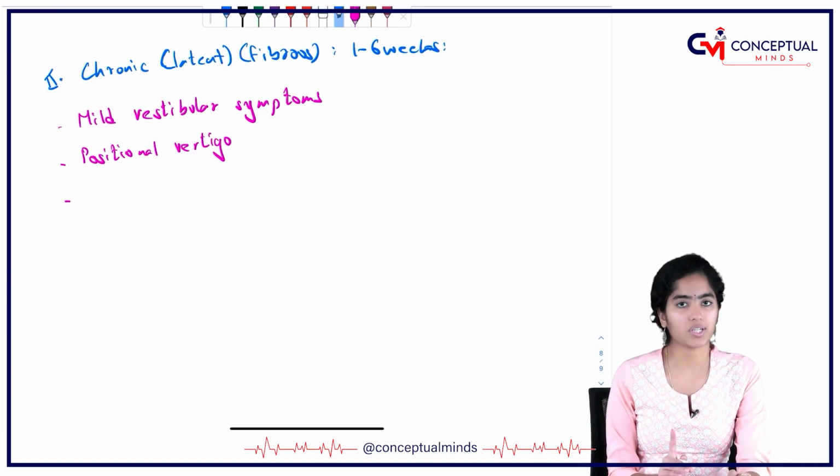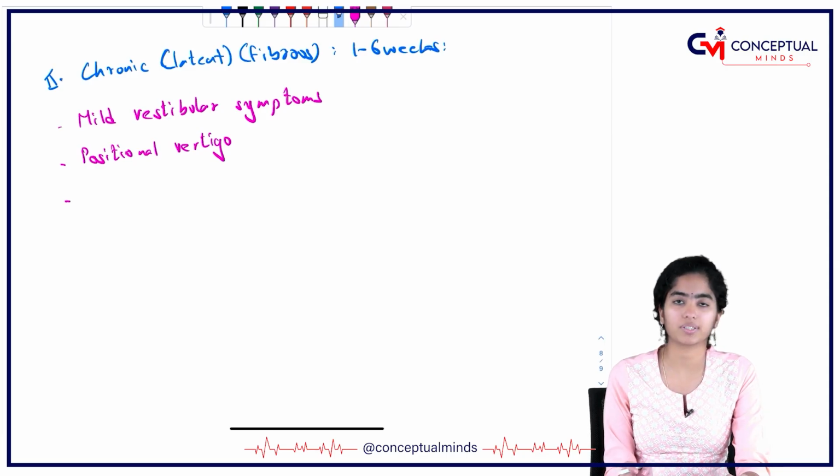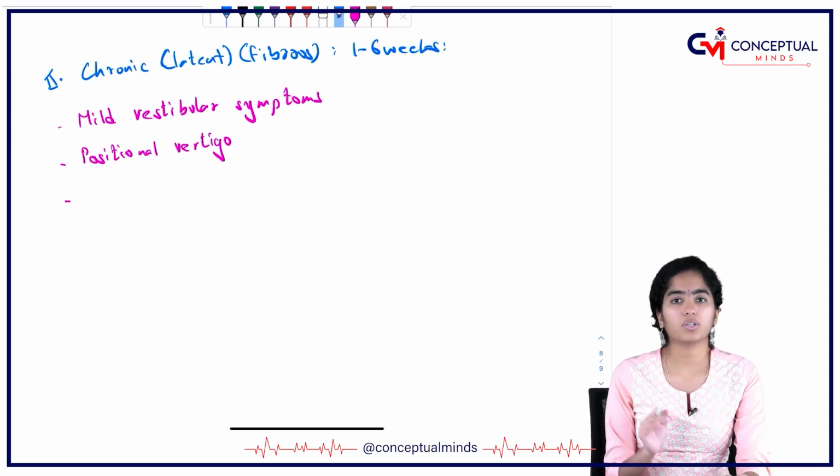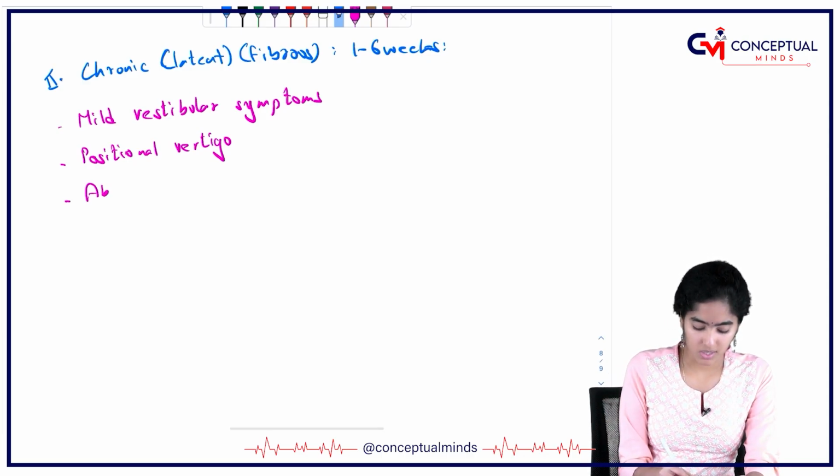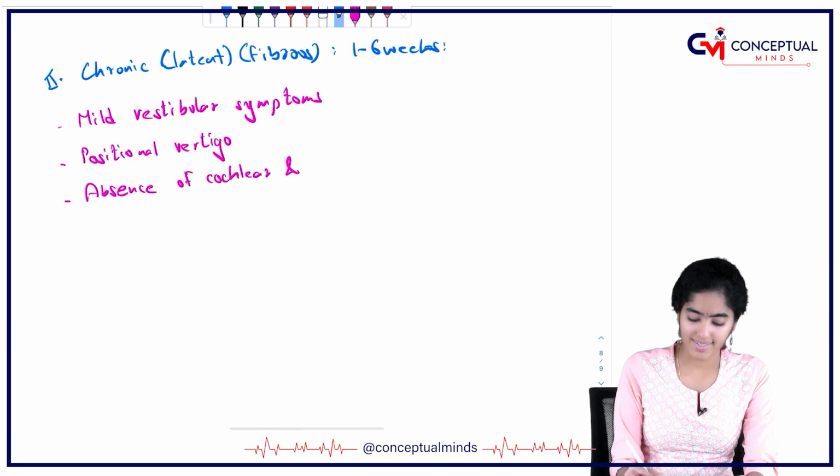Now the first point I told you about diffuse suppurative labyrinthitis is there is permanent loss of both vestibular and cochlear functions. So there is absence of cochlear as well as vestibular functions.